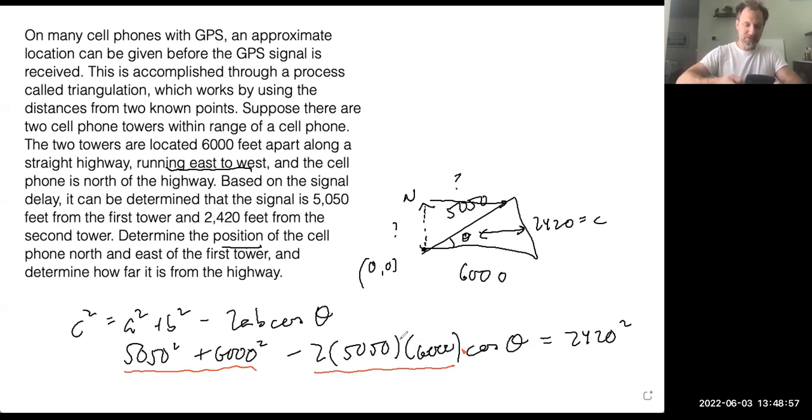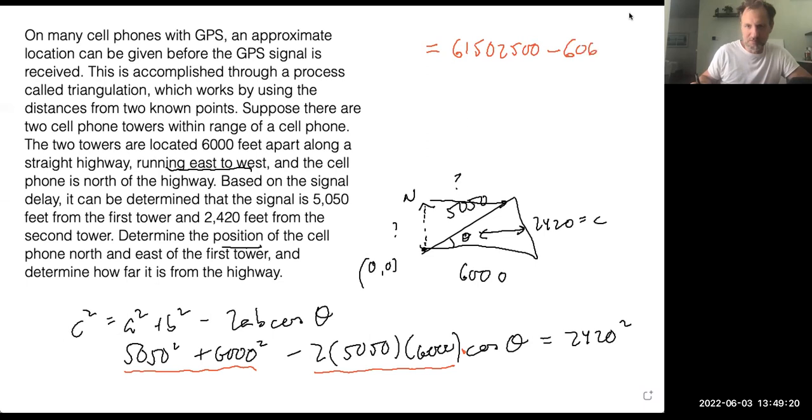5050 squared plus 6,000 squared is going to be a big number, 61,502,500, minus 2 times 5050 times 6,000.